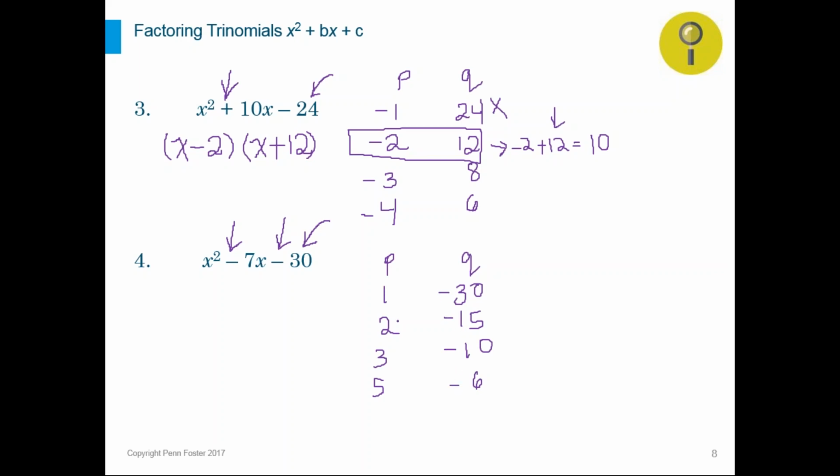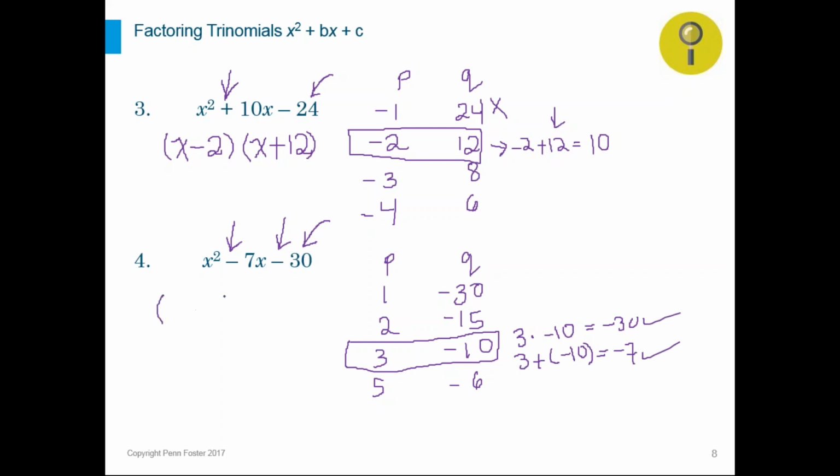Okay, so if I look at 3 and negative 10, let's make sure that this is the right set of factors. 3 times negative 10 will give you negative 30. Check. And 3 plus negative 10 will give you negative 7, and check. So this is the set of factors I'm looking for.